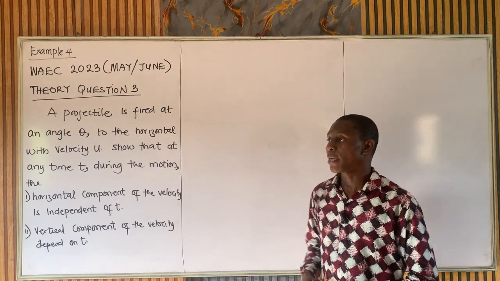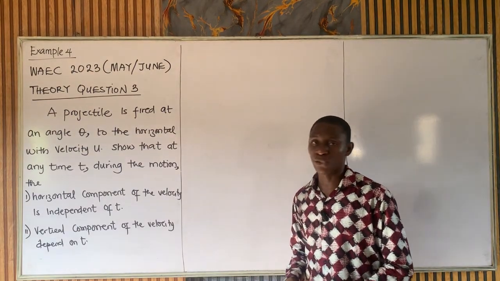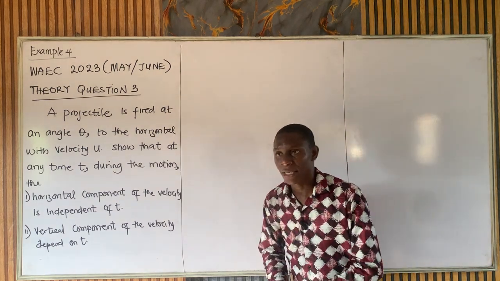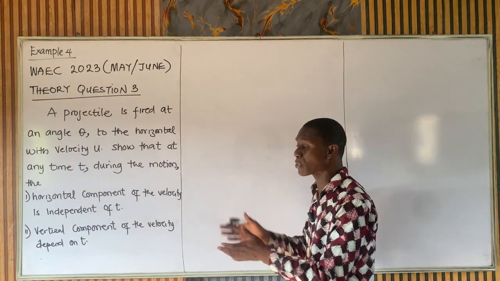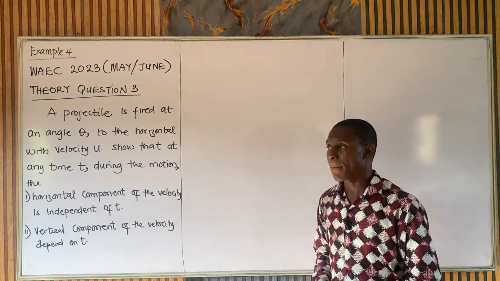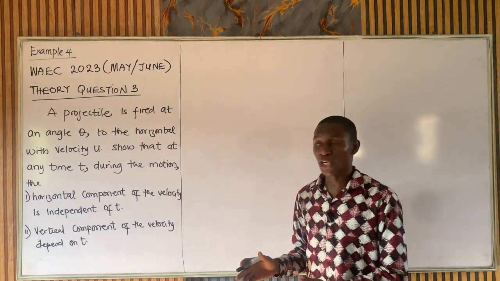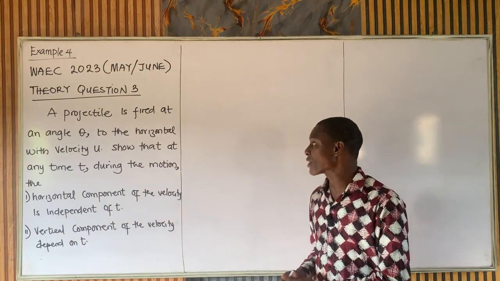Example 4. This is another past question from WAEC, May/June. And like I would often say, this is another question that the equation for motion for projectile fails to answer. Now, we're going to answer this question briefly, showing you clearly how you can answer it.